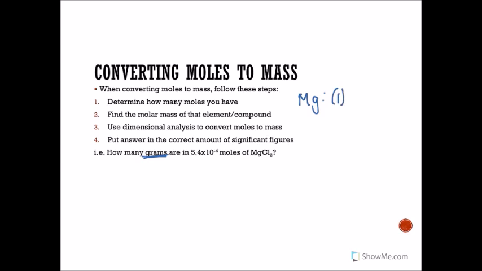We have 1 magnesium, and magnesium is 24.31, which is equal to 24.31. And chlorine, we have 2 chlorines at 35.45, which is equal to 70.9.